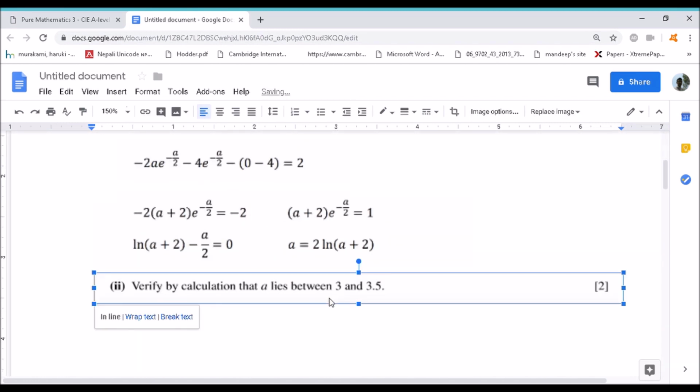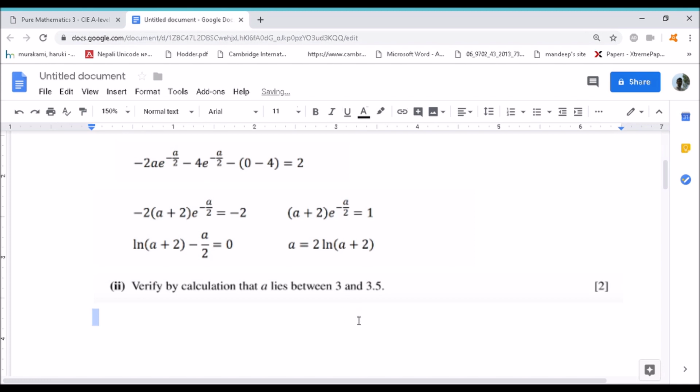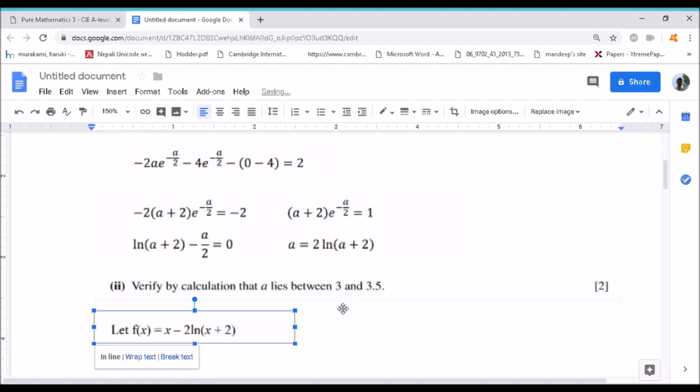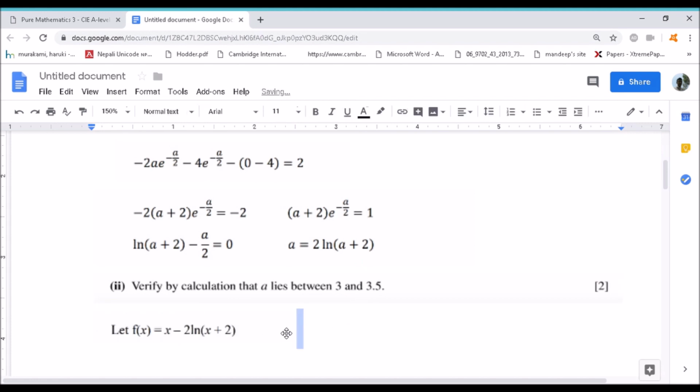After this we have to verify by calculation that a lies between 3 and 3.5. Now we use f(x), which equals x - 2 ln(x + 2), moving everything to the left hand side.